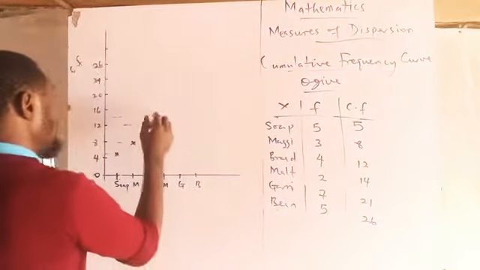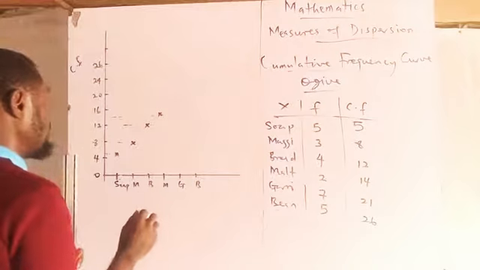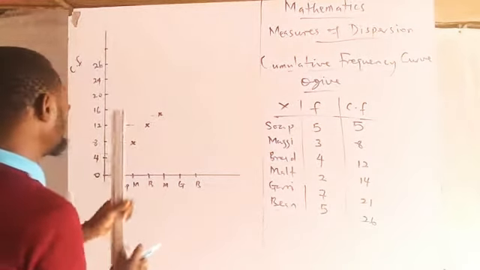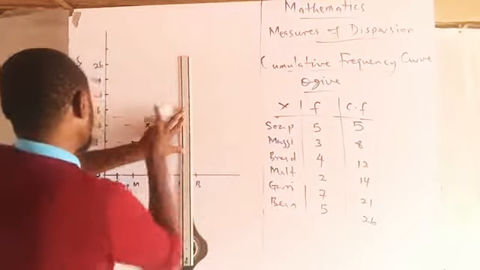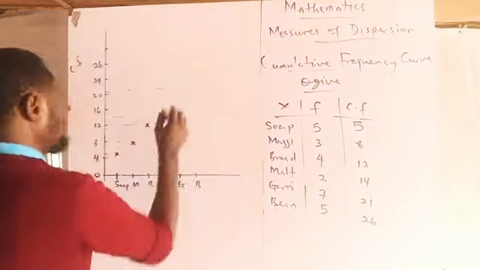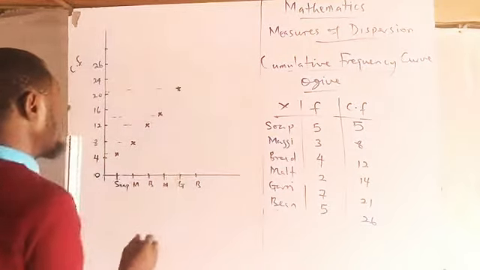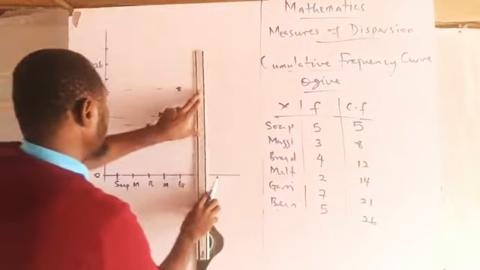There, you have that. Then you have gari, which is 21, a little bit further here, and beans is 26, the last one.